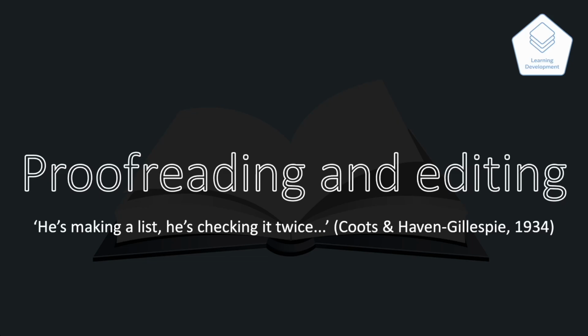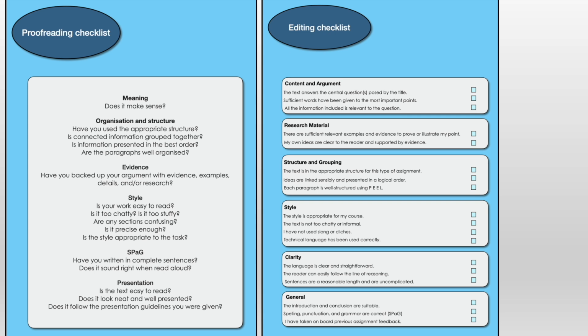Proofreading and editing. Here are our proofreading and editing checklists. Please head to the Learning Development Blackboard to download a copy of these. They will be no end of benefit when it comes to your assignments this year, but also your dissertation, because that tends to be a chunkier piece of work.